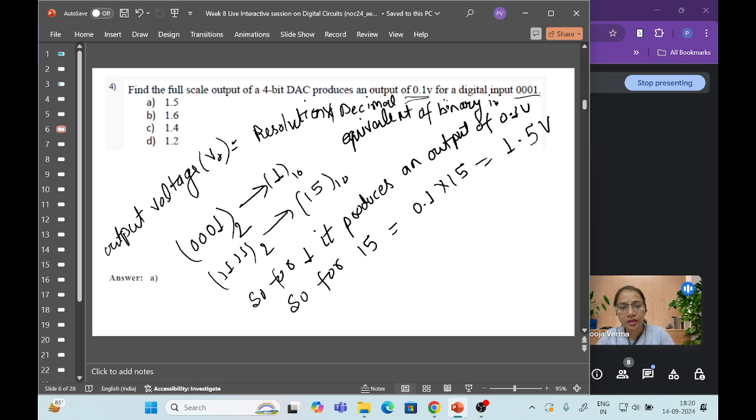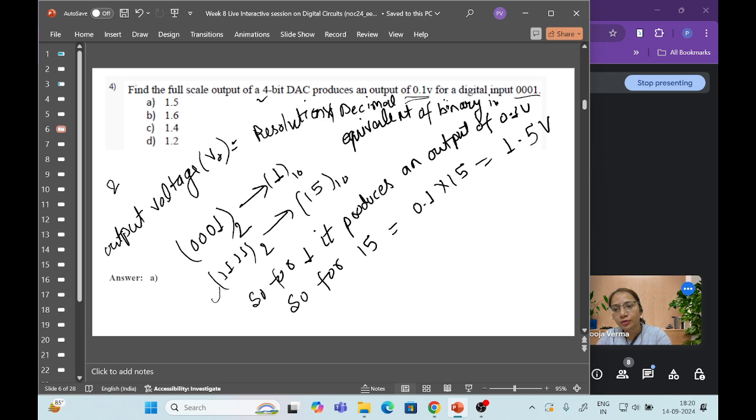So it is already given that for the digital input 0001 the output is 0.1. Now, this is a 4-bit DAC, so N is equal to 4. What will be the full scale voltage for this? In order to find the full scale, we need to take the maximum.